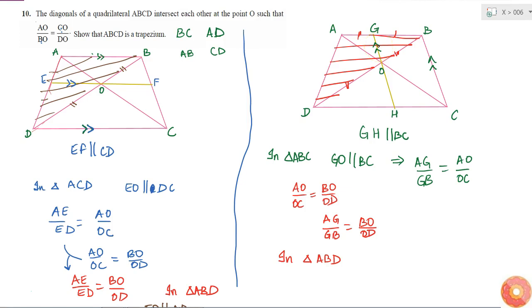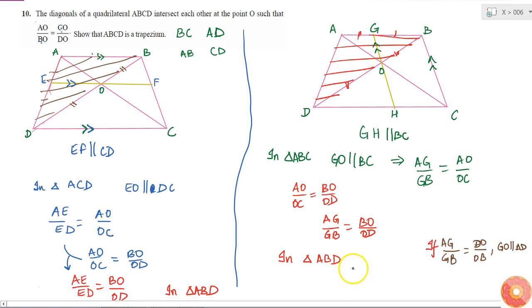If it was the reverse, that is, if I would have got AG by GB equal to DO by OB, then I can say that GO is parallel to AD, right? But here I didn't get that. I got something else.